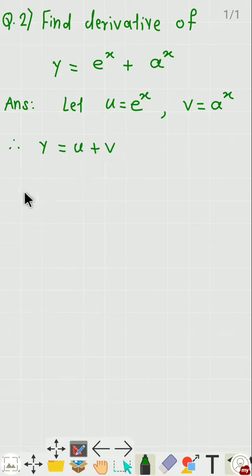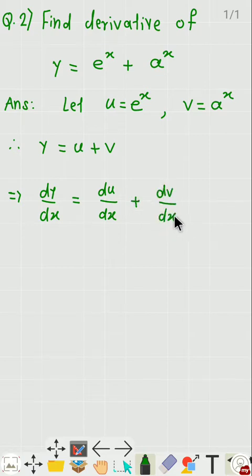By the definition, taking the derivative, this implies the derivative of function y is equal to the derivative of u with respect to x plus the derivative of v with respect to x. Now we write the derivative of each function.